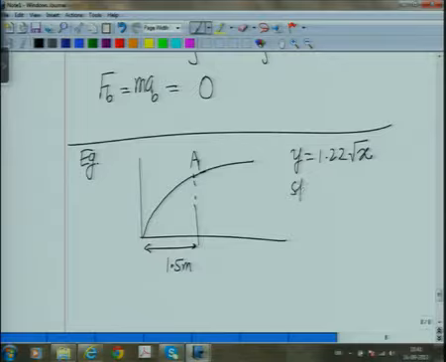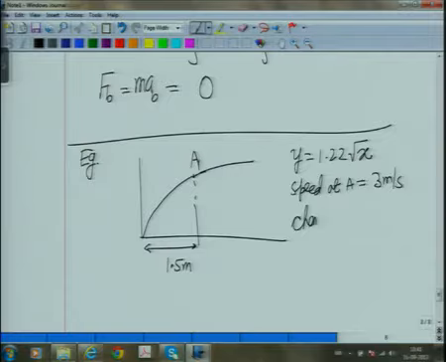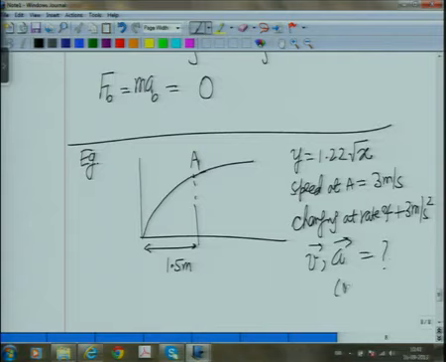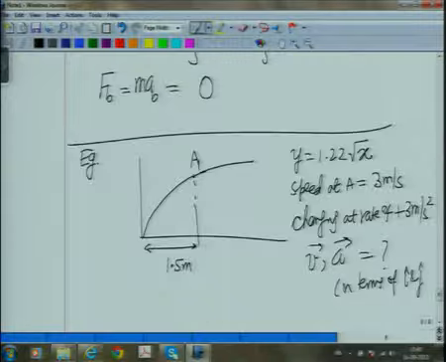Now, it is given that the speed at A is equal to 3 meters per second, which is changing at the rate of plus 3 meters per second square, and we have to find the velocity and acceleration in terms of i and j.